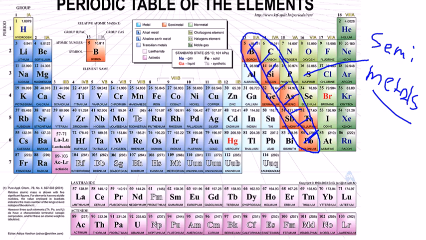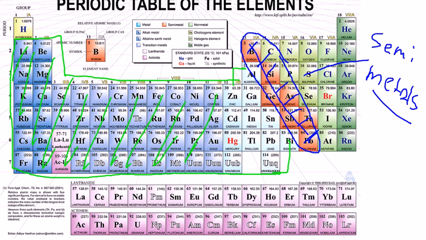Now, a really broad way of looking at the periodic table of elements, and let's find a color that will work, we'll go with green, is everything to the left of that staircase. So all of this stuff here, I'm going to color that in here.